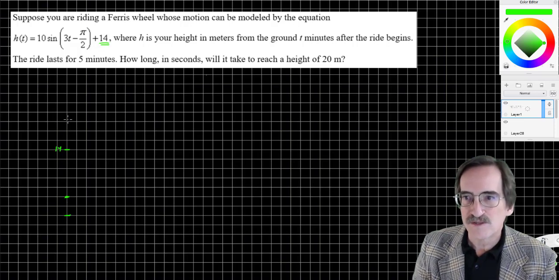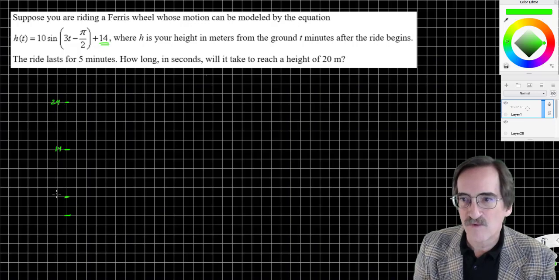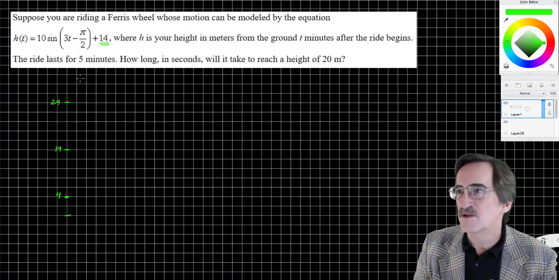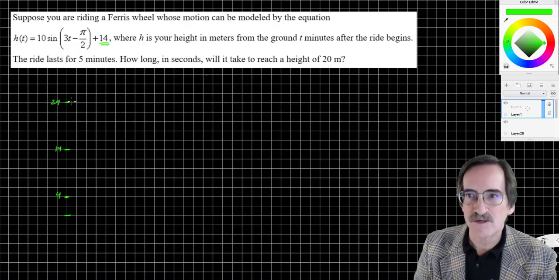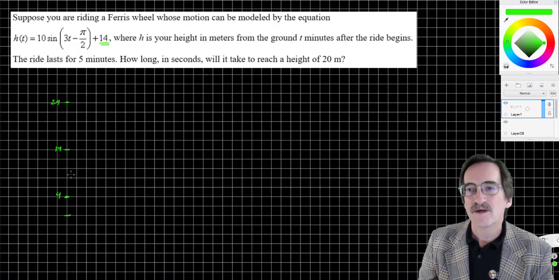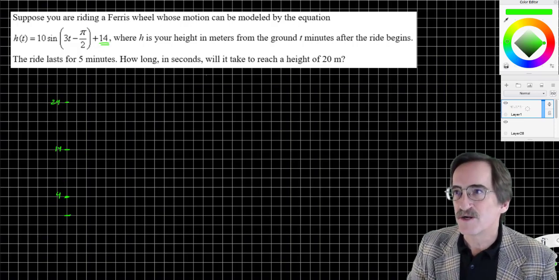And the units are meters, so it starts at a height of 4 meters, goes up to a height of 24 meters and back down and up and down. Okay, so that's kind of what's going on.